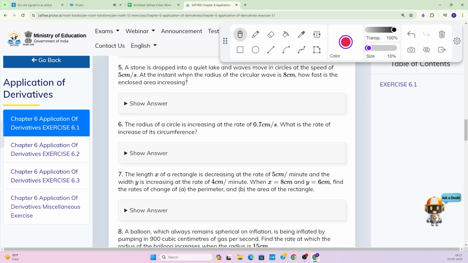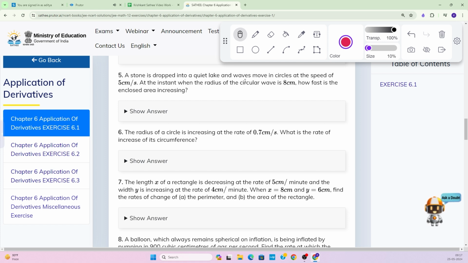A stone is dropped into a quiet lake and waves move in circles at the speed of 5 centimeter per second. So what is given to you? The wave speed is given. How can you get the wave speed?